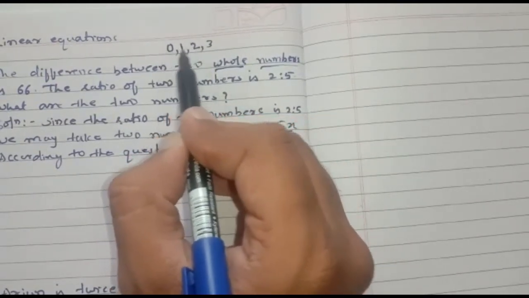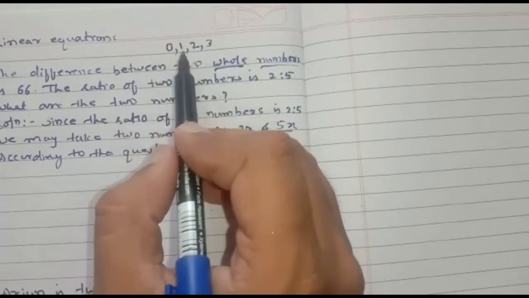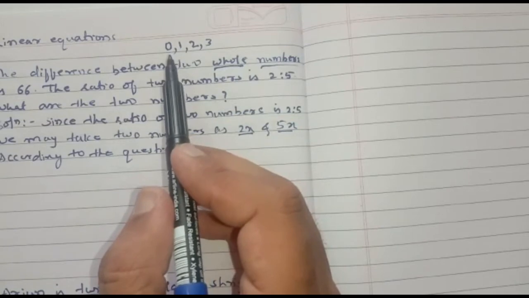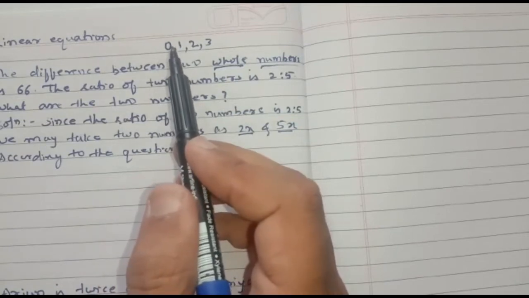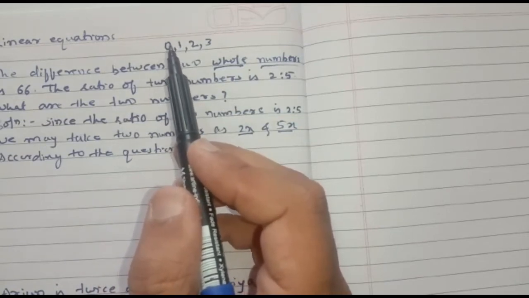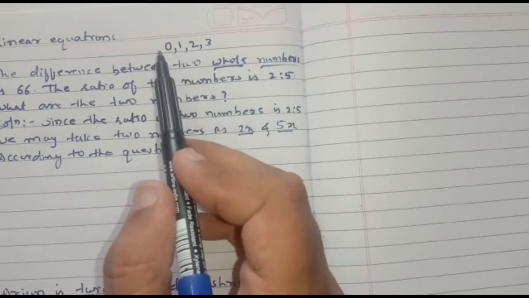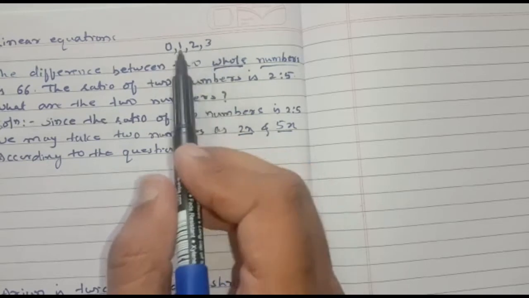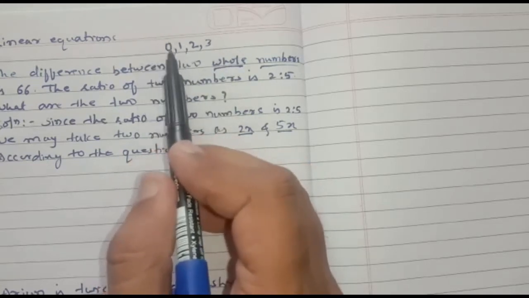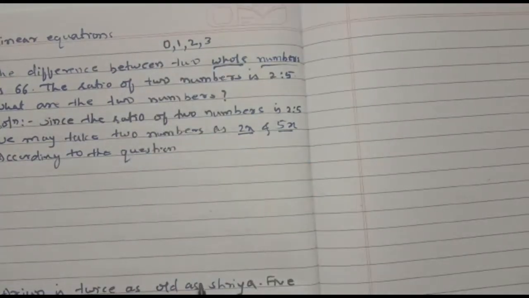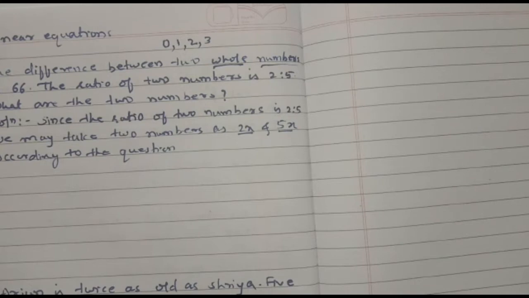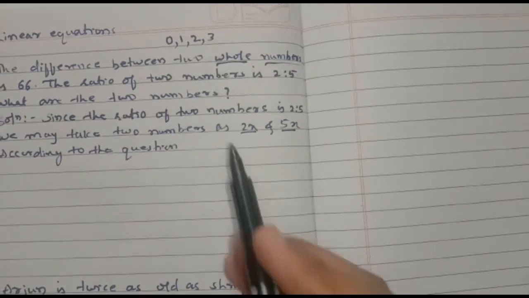All positive integers are whole numbers, and 0 is also included. Negative numbers are not whole numbers, and decimal numbers are also not whole numbers.